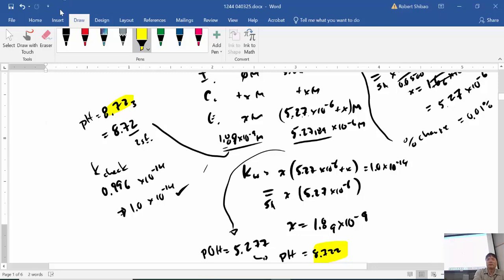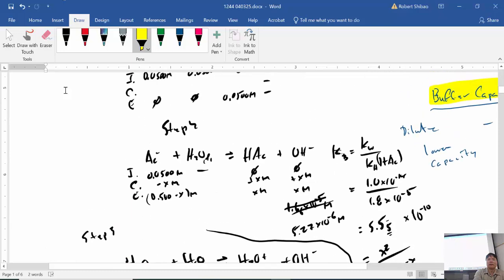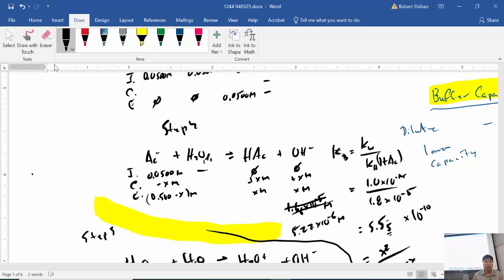But did we need to do step 3? If we went back to step 2 and calculated the pOH, based on step 2 we get a hydroxide concentration of 5.27 times 10 to the minus 6.